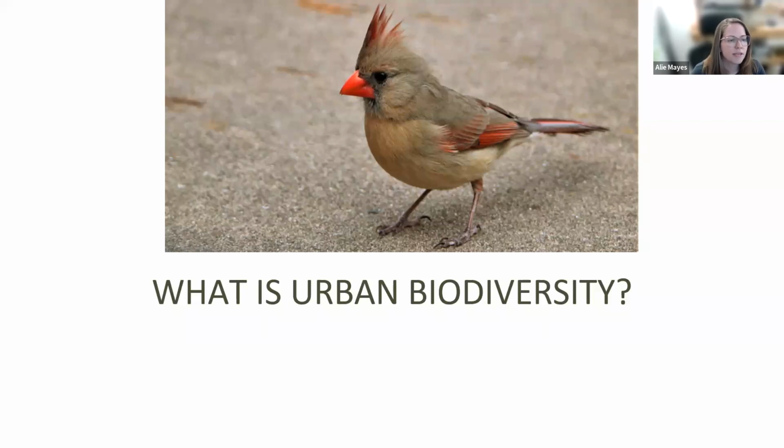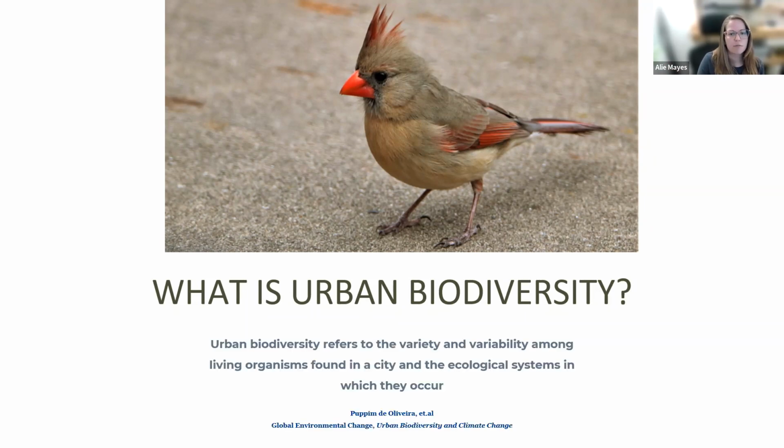All right, so we have some answers coming in. All organisms in urban areas, those species tolerant of humans, wildlife in and around cities, an array of species that persist in developed areas, lots of species. I think all of those are really hitting the point. So urban biodiversity is talking about the variety of life within urban areas, or at least that's the definition we're going to go with for today's presentation.